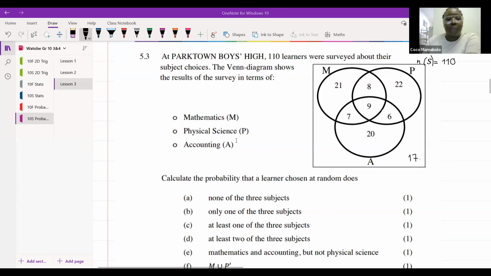Now, let's talk about probability. Remember, probability is going to be us taking the number of the event. So the probability of an event is going to be the number of things in that event divided by the number of the sample space. Now, what we're going to be doing today is writing our answers as decimals.